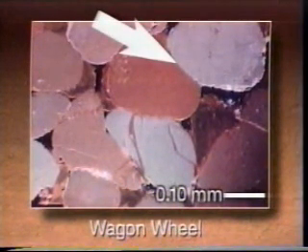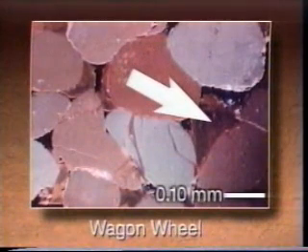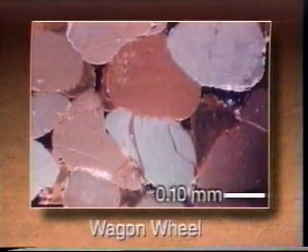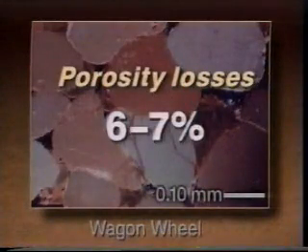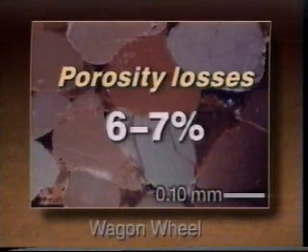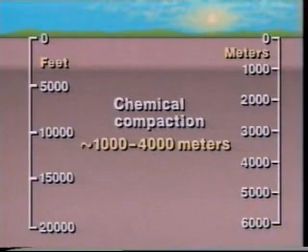Characteristic dissolved grain contacts and reprecipitated quartz, partially filling the remaining pore space in the grain structure, provide clear evidence of pressure solution. The dissolution and reprecipitation process typically reduces initial porosities by 6 to 7%. Pressure solution of quartz usually occurs at about 1,000 to 1,500 meters and remains fairly active to depths of 4,000 meters.